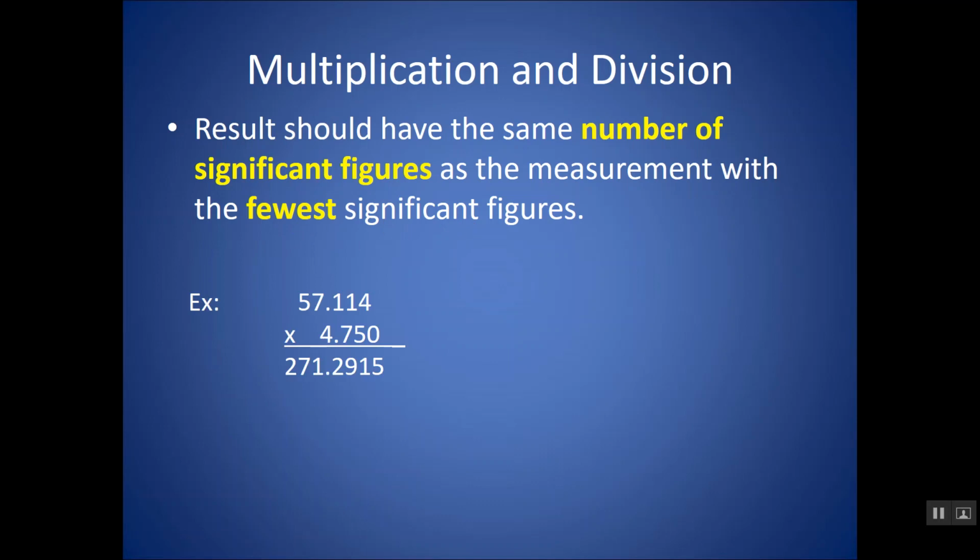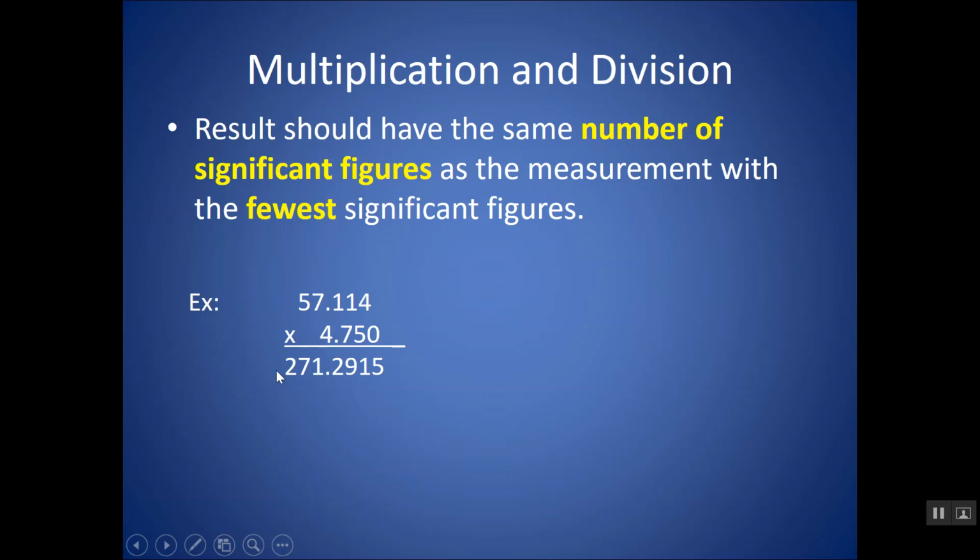So for instance, let's say I have these two numbers, 57.114 and 4.750. If you were to multiply them and put it in your calculator, this is what your calculator would spit out. Your calculator does not understand how accurate your number or result should be. But in chemistry, we need to make sure that we are not over-representing the accuracy of a number.